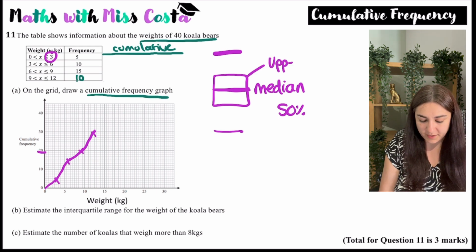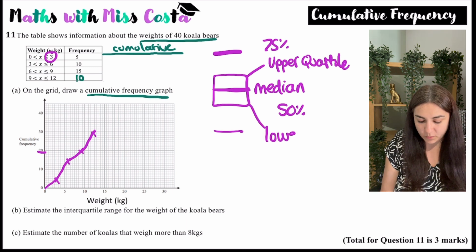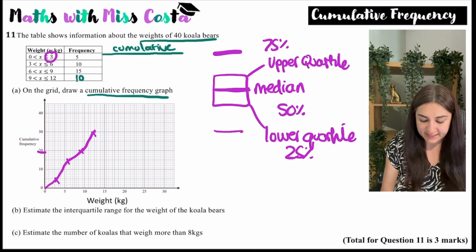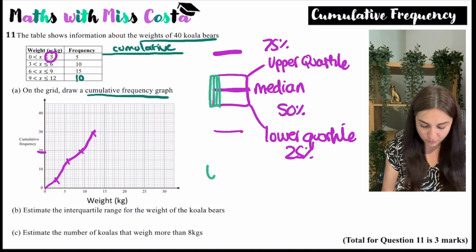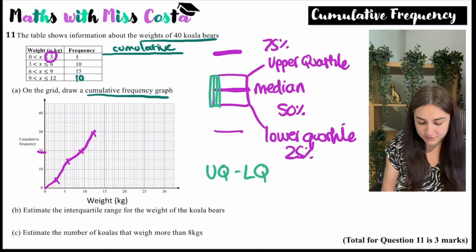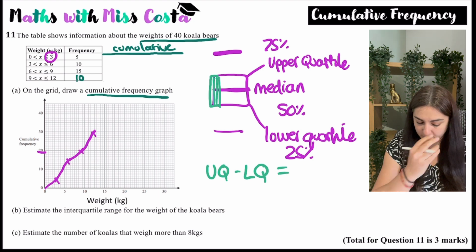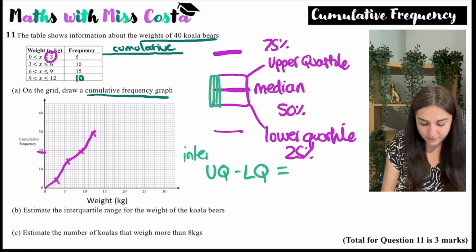The upper quartile is where 75% of the data is, and the lower quartile is where 25% of the data is. So to find the interquartile range, you are literally finding the difference between the upper quartile and the lower quartile. So we just do upper quartile, take lower quartile, and that will tell me the interquartile range.